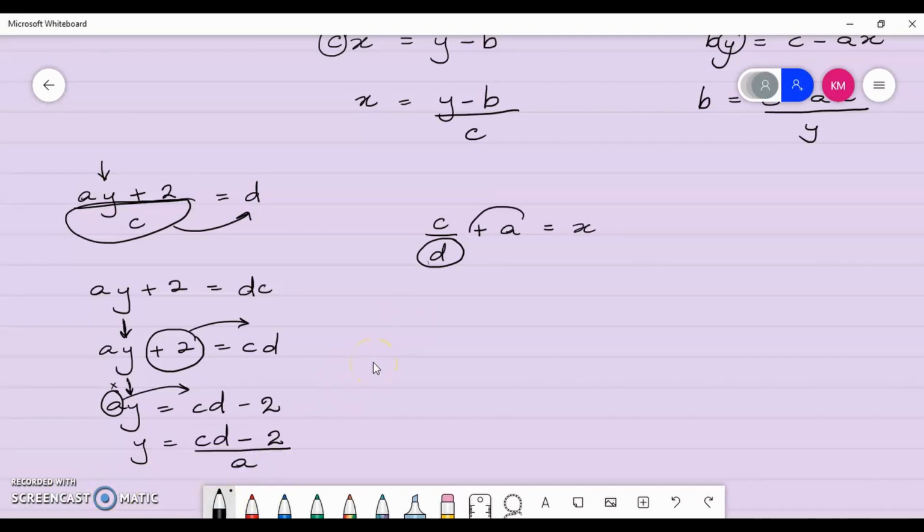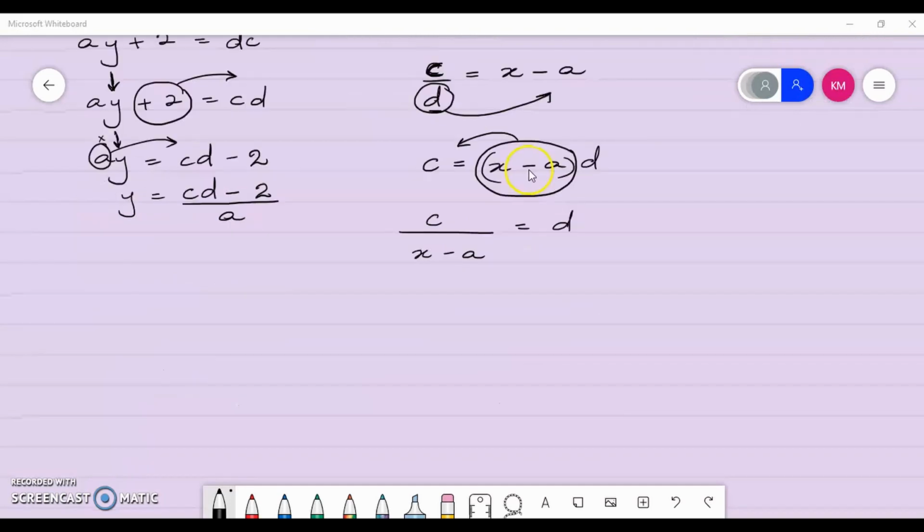So to get rid of a first, a goes across to be take away. So I'm left with c divided by d equals x take away a. Now remember, I want d being left on this side. It's kind of difficult to leave d because d is your denominator and carry c. So what must be done is you carry your d across to give c equals x take away a multiplied by d, and then you bring that part back across, leaving d.